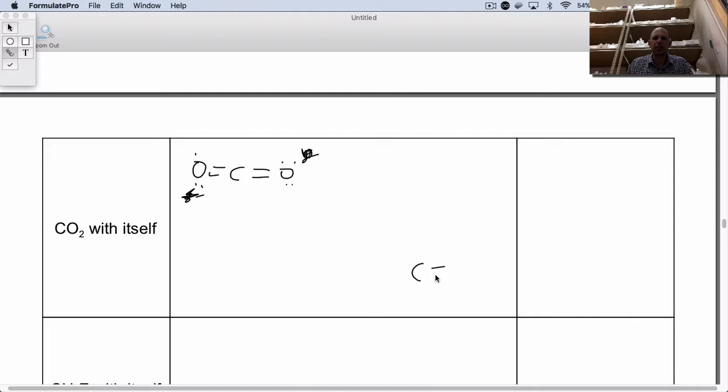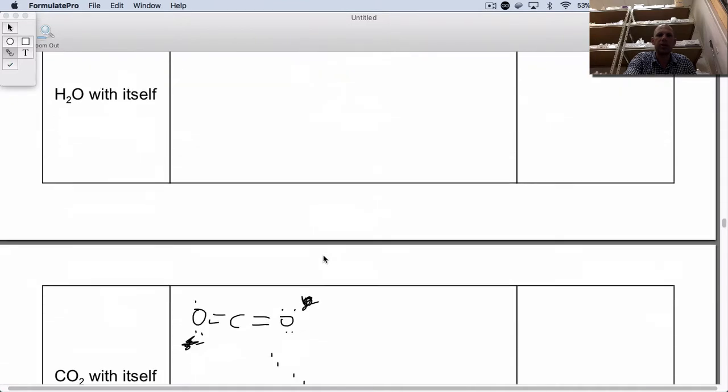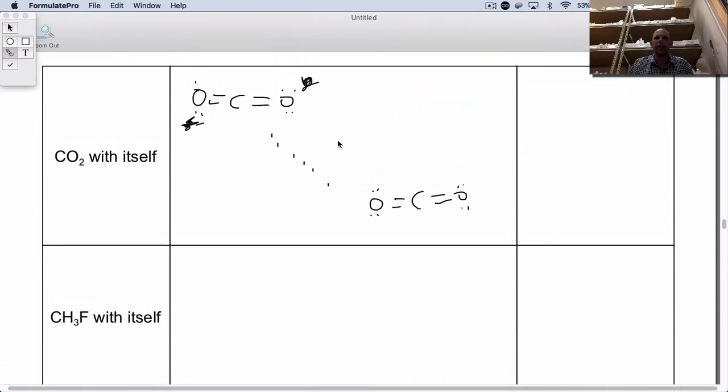So because it's nonpolar, we're going to draw them really far apart, and the force in between them is going to be called a London dispersion force. And the state of matter is going to be a gas. Again, these little markings there are really light. They're not really going between the carbon or the oxygen.